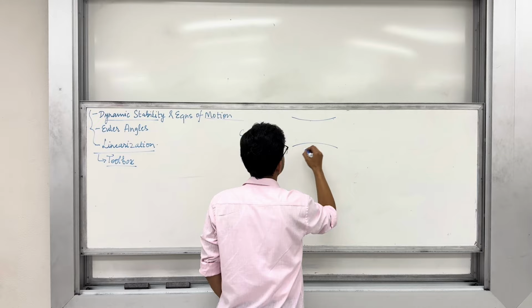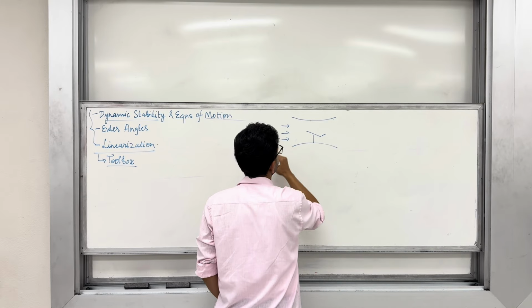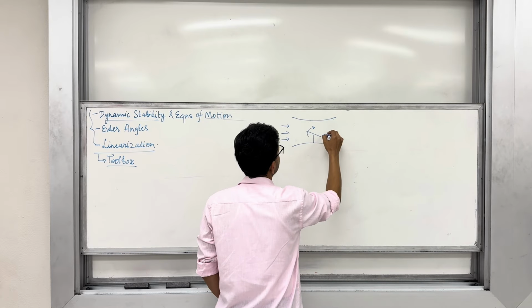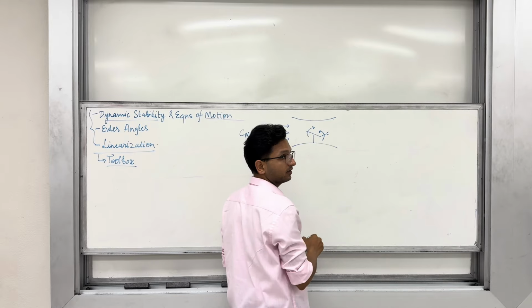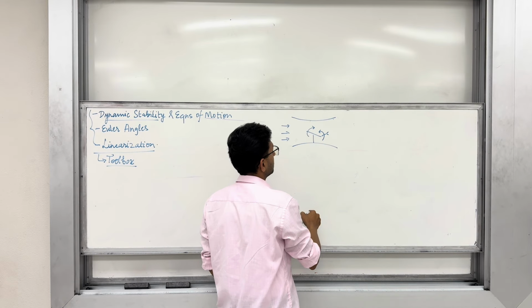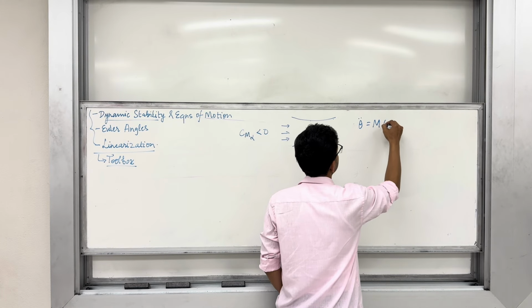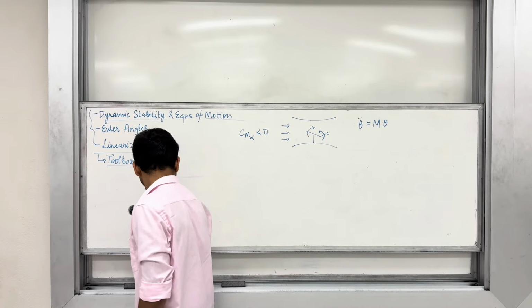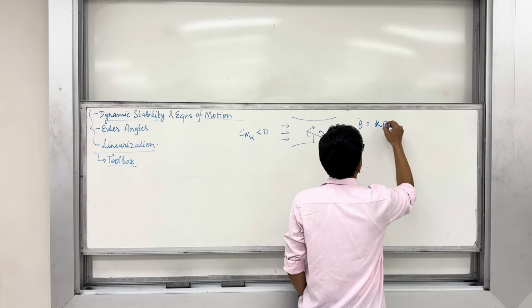Why? Because if we do a simple experiment where we mount an aircraft about its pitch axis and switch on the wind tunnel, then because of the pitching moment, the aircraft will pitch up. But if I deflect the elevators, then I can bring the aircraft back into position, and the equation that we get is theta double dot equals minus k theta.